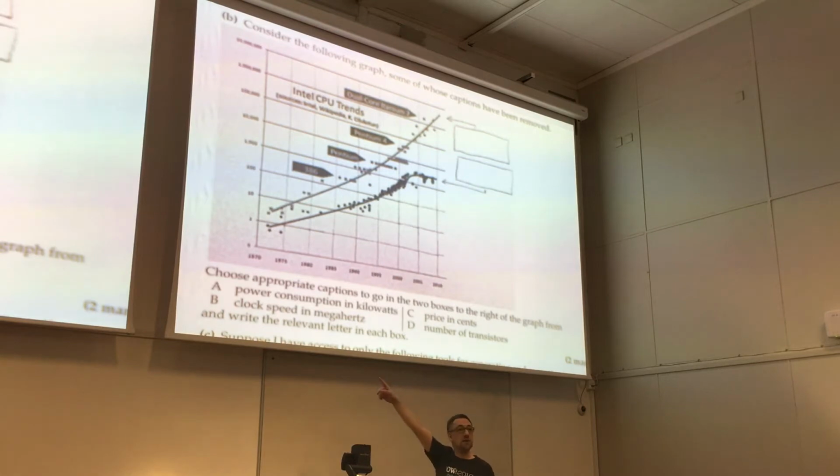So we've got a linear scale of time from 1970 to 2010 on the x-axis. On the y-axis we have a logarithmic scale. It goes up from 0, 1, 10, 100, 1,000, 10,000, and so on.